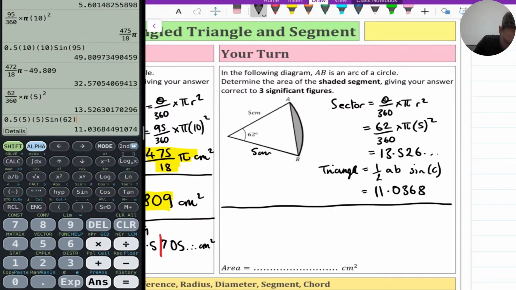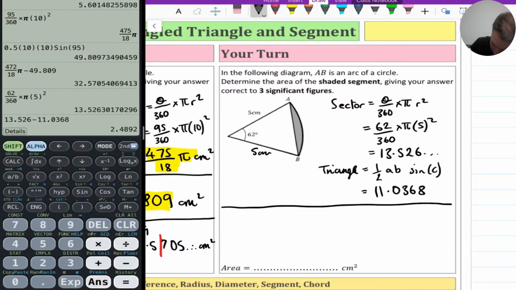So then I need to subtract those. So it's going to be 13.526 subtract 11.0368, which is equal to, three significant figures now.